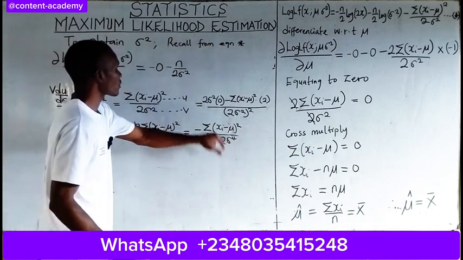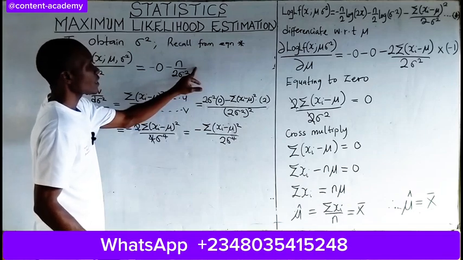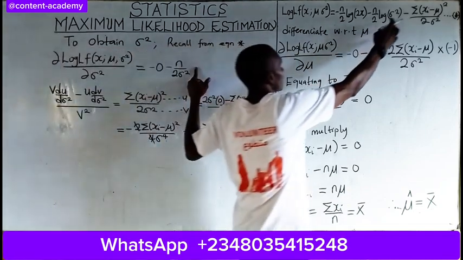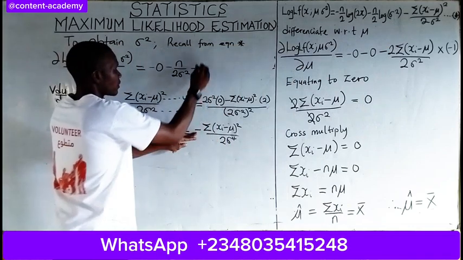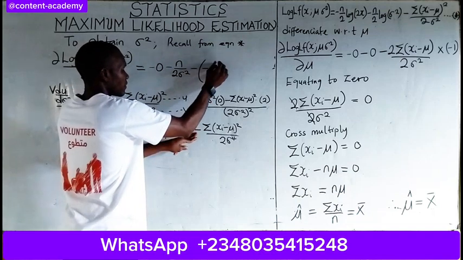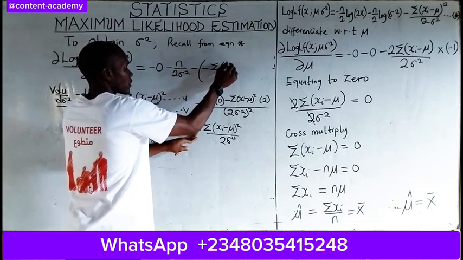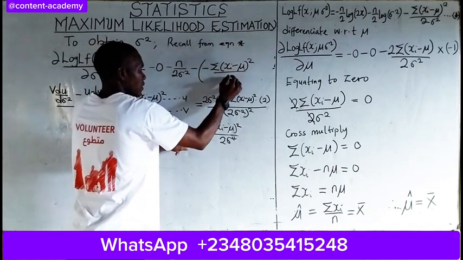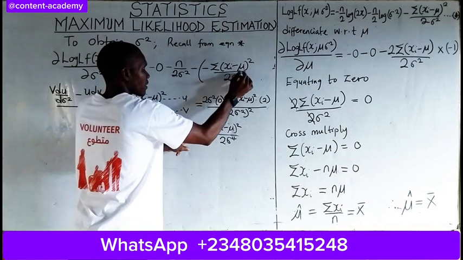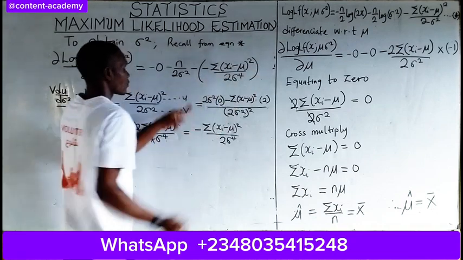So this is what we got, and we'll put it here. So since we have a negative sign here, we have a negative sign here. The whole of this we got is negative summation (xi minus mu) all squared all over 2 sigma raised to the power of 4. So this is what we got.